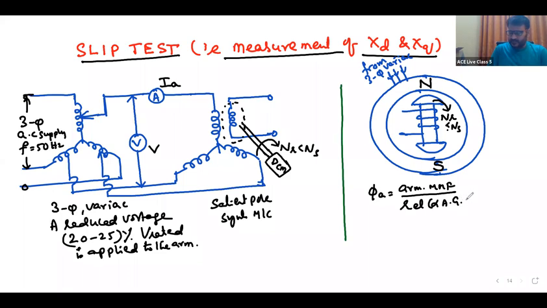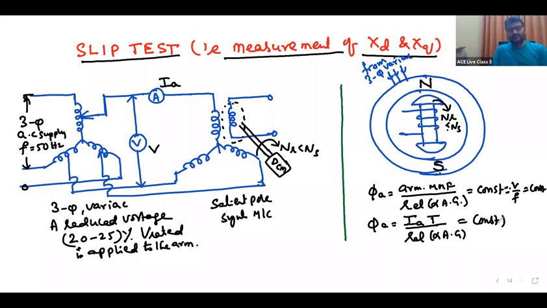Reluctance is proportional to air gap length. Phi A is equal to armature current into number of turns divided by reluctance. Don't worry, I am going to explain each and everything.